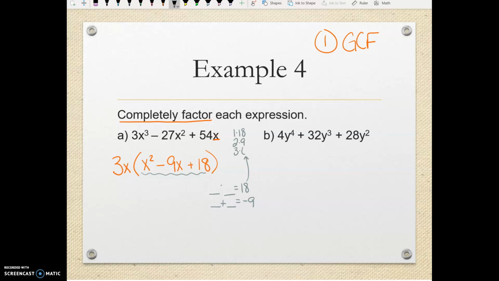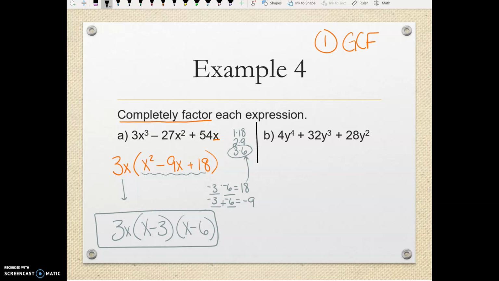We can do 3 times 6. 4 times, no, that'd be a decimal. 5, no. 6 times 3, I found them all. 3 and 6 could give us 9. 3 plus 6 is positive 9, so negative 3 and negative 6 is negative 9. So those parentheses become x minus 3, x minus 6. You just have to remember that we also have a 3x out in front of that.